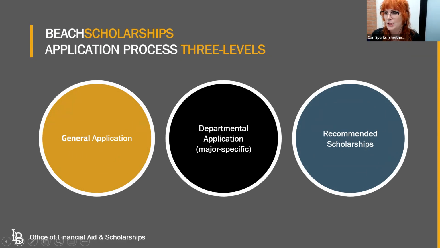The general application is the bulk of the open essay questions and boxes that you have to check off. There's the departmental application, which is major specific. Once you submit your general application, if you declared a major, you will be matched to your departmental application for further information to be entered. And then at the end of that are your recommended scholarships. But I'm going to break down each application a bit so you can see what they look like.